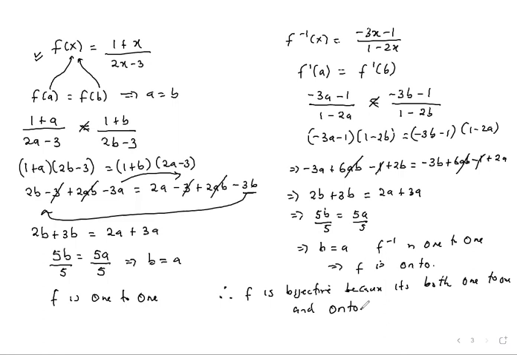But because we want to use this 1-to-1 thing to determine if it's bijective, we do it for both the original function and the inverse. When we are checking for the inverse, we want to check if the original function is onto. Okay, thank you.